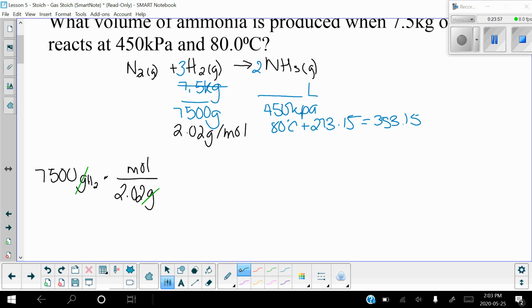Once we have moles of our known, we can use molar ratio. Molar ratio. We have 3 moles of hydrogen gas and 2 moles of ammonium.